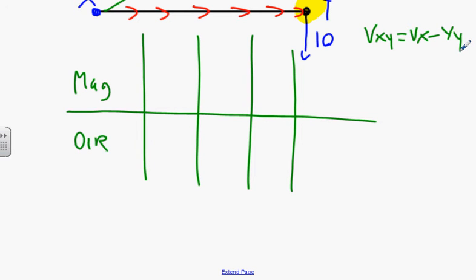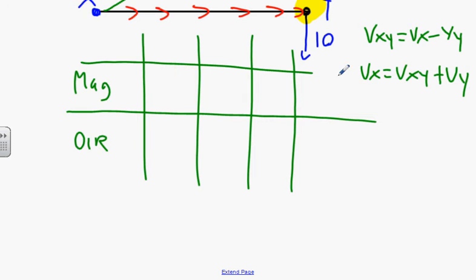And then I'm going to say that v_X equals v_XY plus v_Y. Once again, using the triangle rule. Now, look at this. Magnitude of v_X, 7. Magnitude of v_Y, 10. Direction of v_Y, south. There is nothing left. There's nothing else I can do here. I have 3 pieces of information instead of 4.